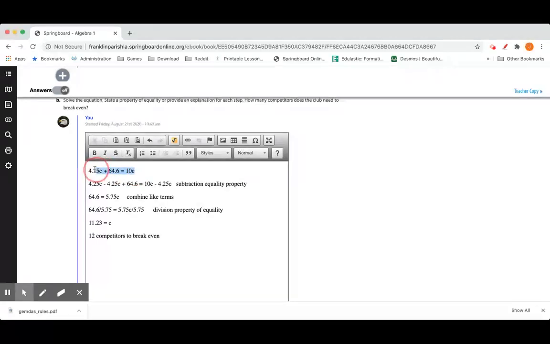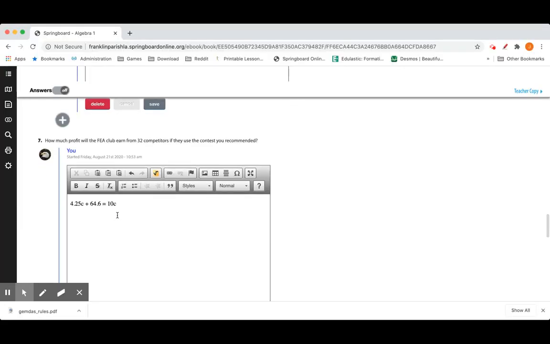So we're going to look at our equation that we set up, and we're going to replace the C's with 32 and see what it comes out to be. 4.25 times 32 plus 64.6, and 10 times 32.